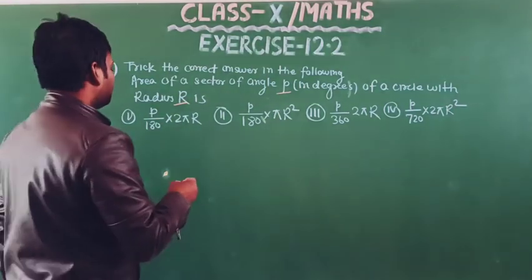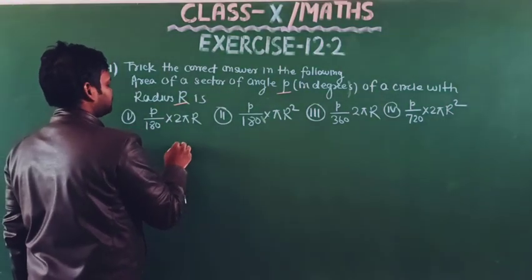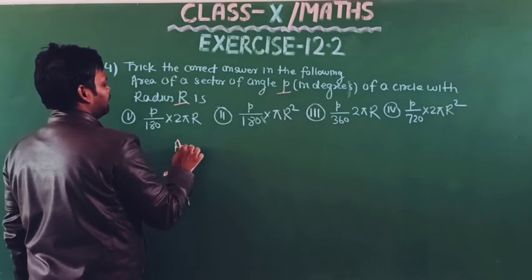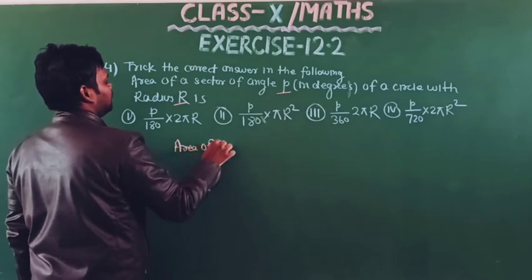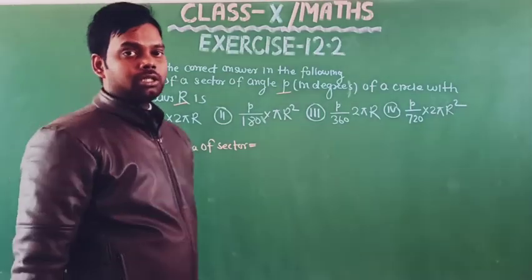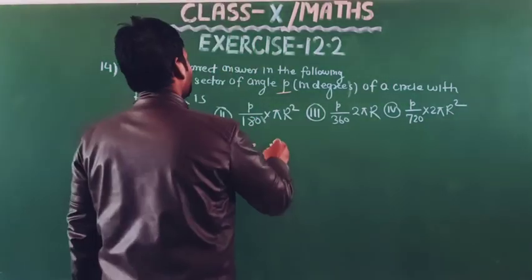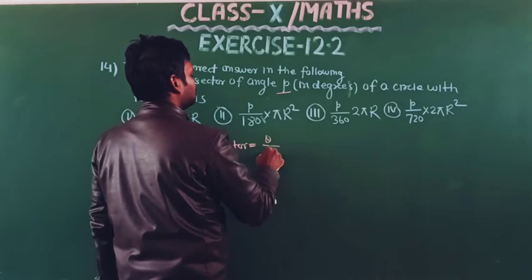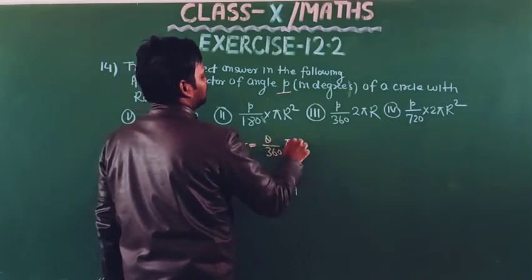So we know that the area of a sector of a circle when the angle is theta and the radius is small r would be equal to theta upon 360 into pi r square.